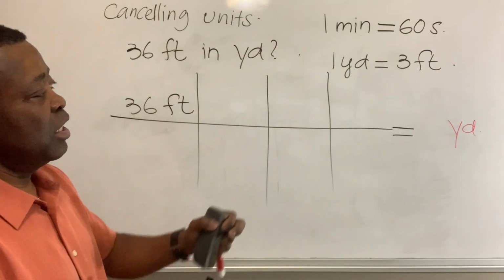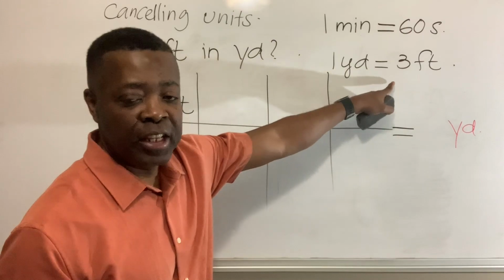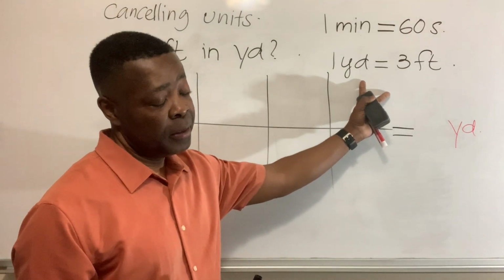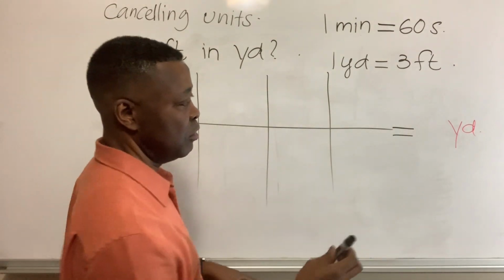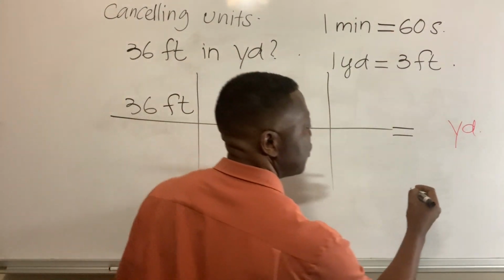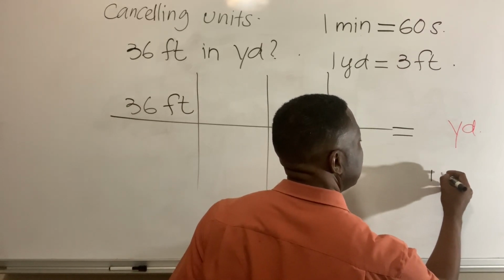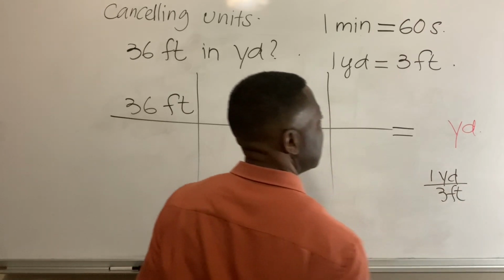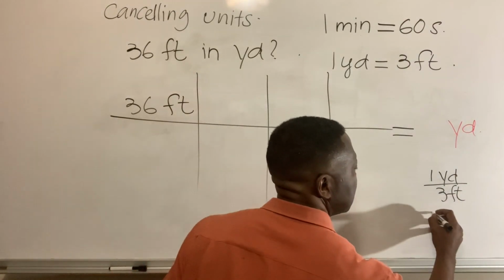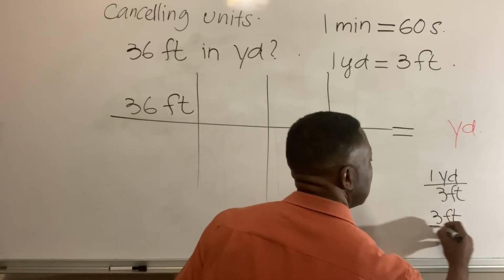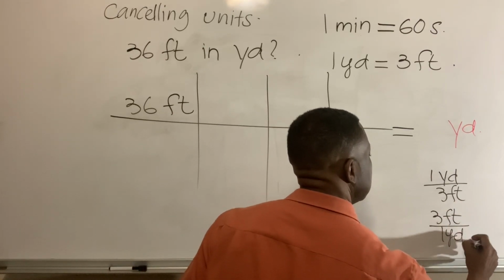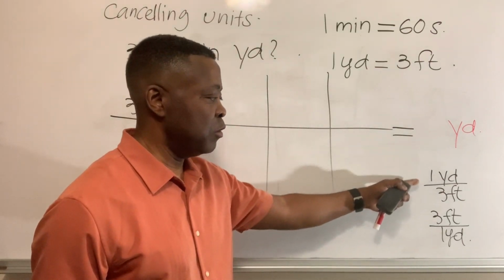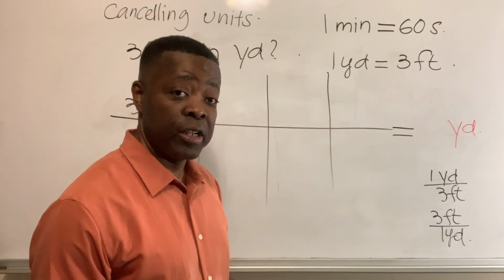And remember the relationship, 1 yard equals 3 feet. I use this relationship to form my ratios, the same ratios. I have 1 yard over 3 feet, or 3 feet over 1 yard. Remember, both of these ratios are equal to 1.